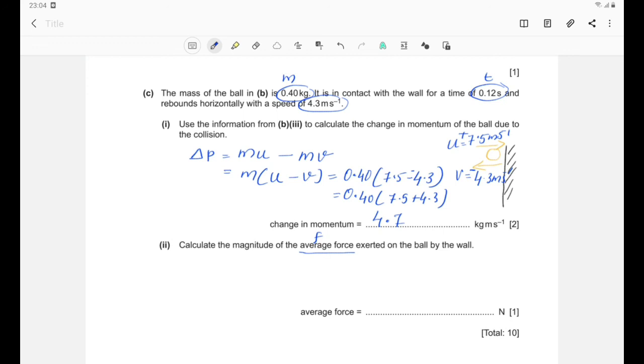You have to use Newton's second law equation, that is force is equal to the rate of change of momentum, where delta P you have calculated and time is given. So you can substitute it. Delta P from the previous part is 4.7 over time 0.12. Hence the answer you will get is 39. So 39 newtons is the answer.